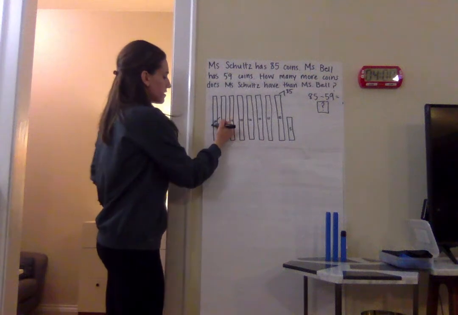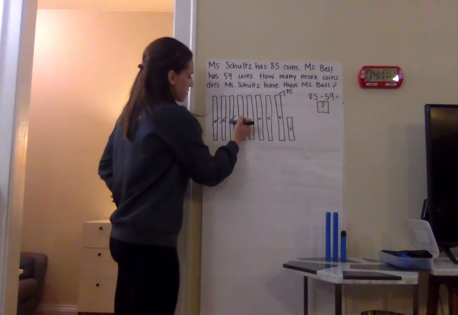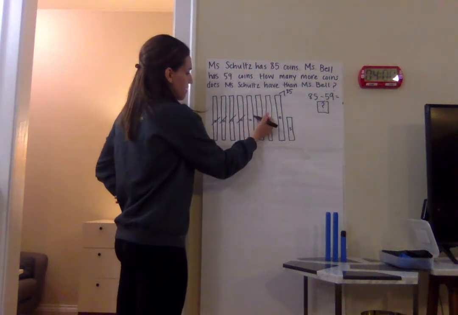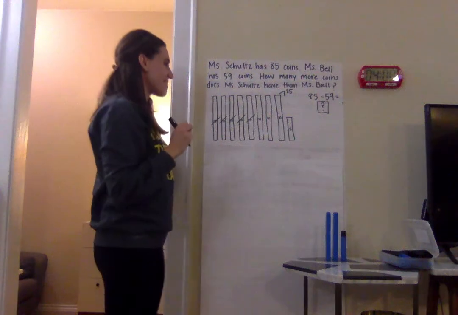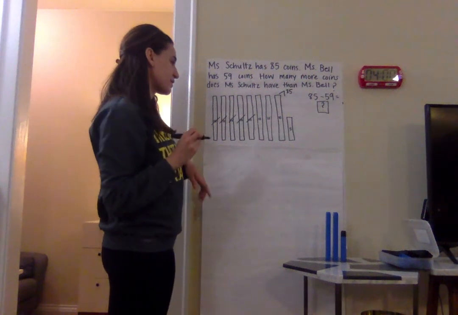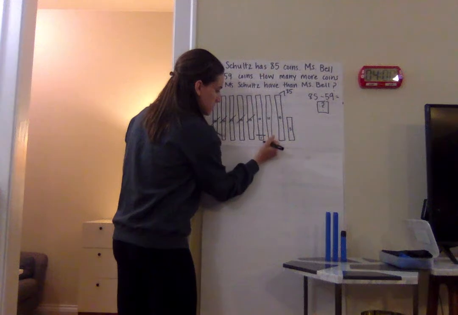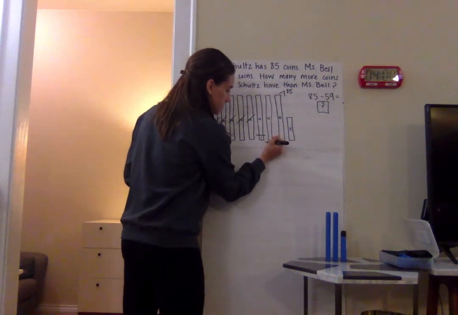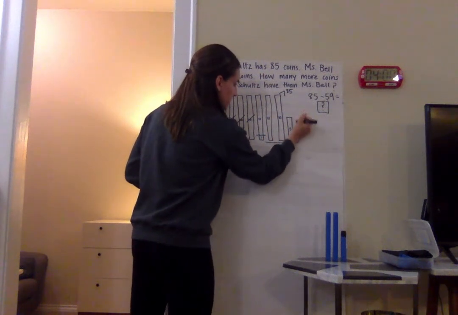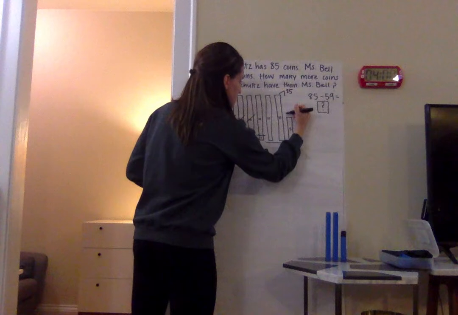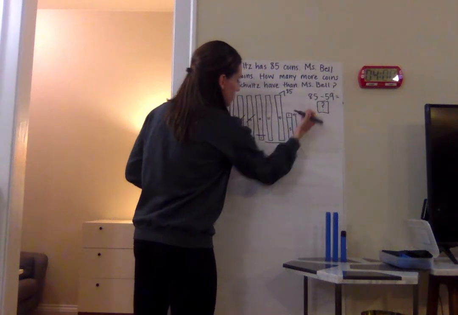So I took away 10, 20, 30, 40, 50. And then what I did over here is I took a 1 off of this and I put it over here. So this was a 1.